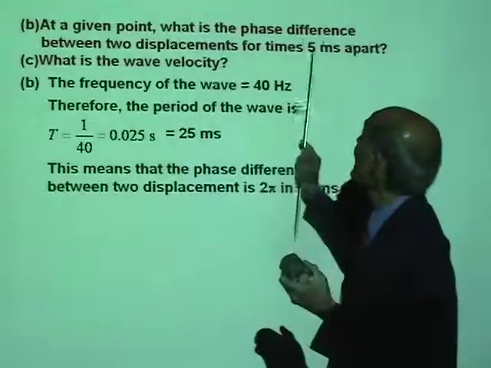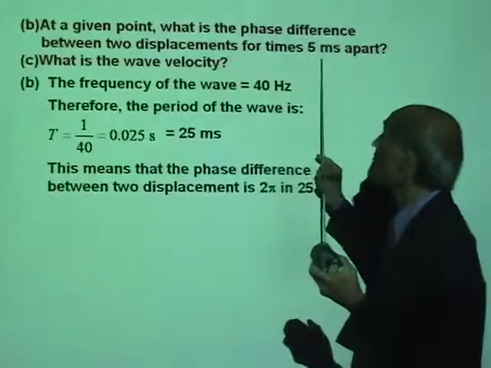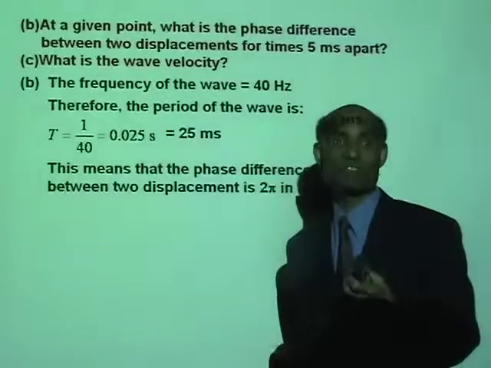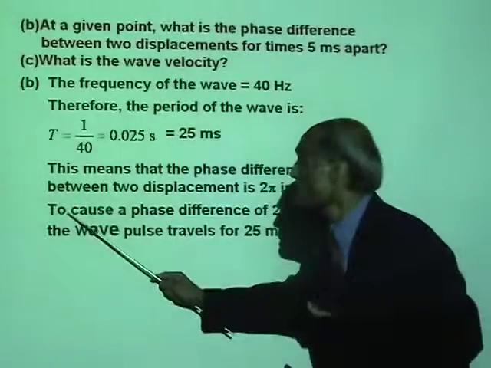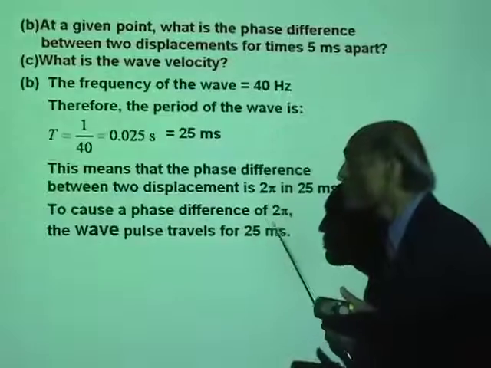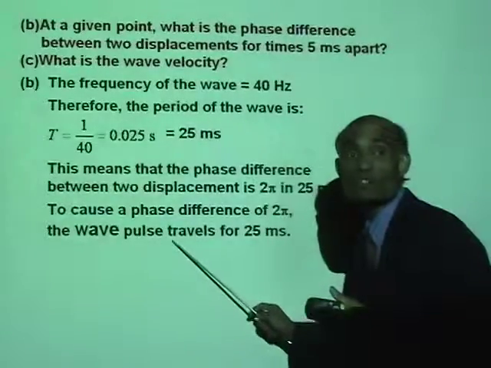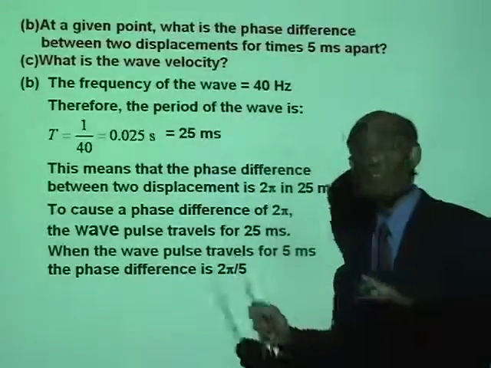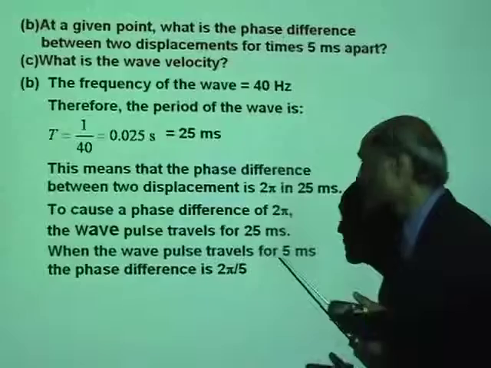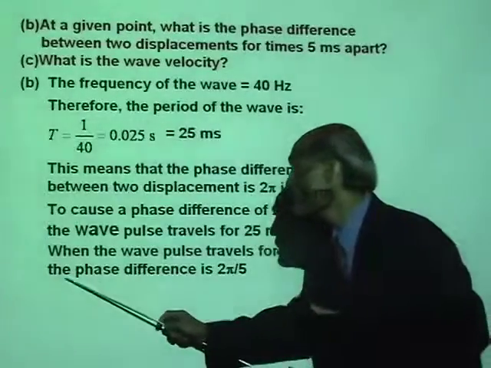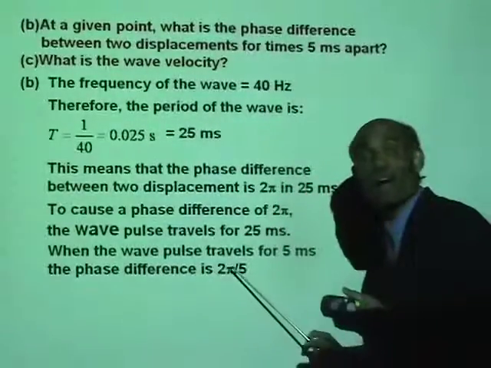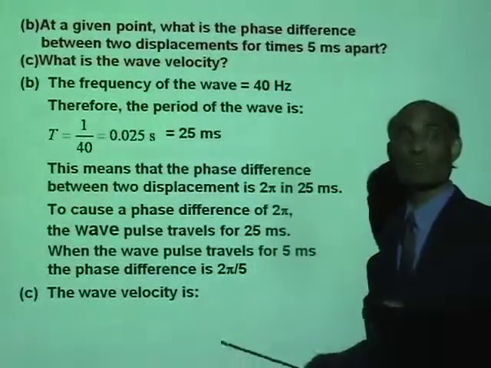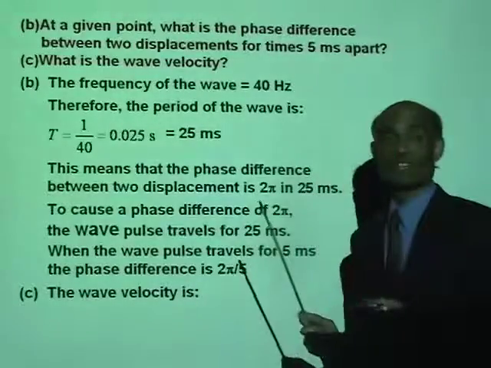Therefore, the question is, a time of 5 milliseconds will correspond to how much phase difference? To cause a phase difference of 2 pi, the wave pulse travels for 25 milliseconds. Therefore, when the wave pulse travels for 5 milliseconds, the phase difference is 1/5 of 2 pi.